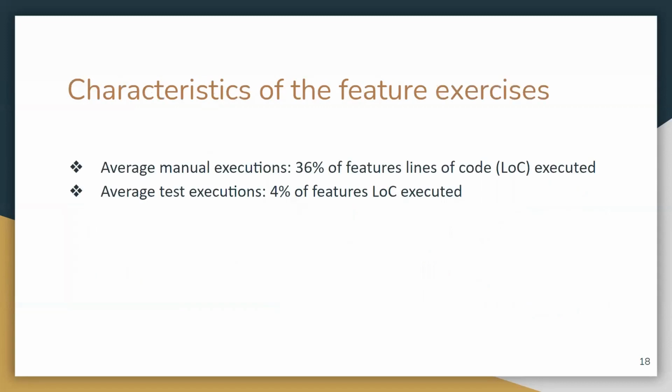As a characterization of these feature exercises, we calculate the total number of lines of code executed for each feature, and as the results, the average of manual executions was around 36% of the lines of features executed, while the average of test executions is around 4% of features lines of code executed.